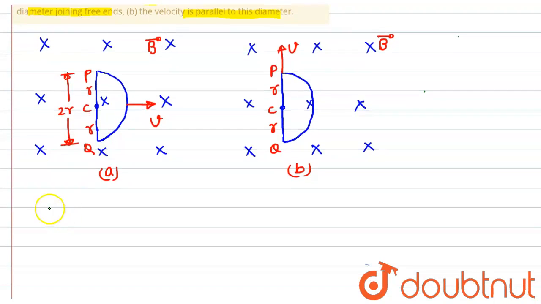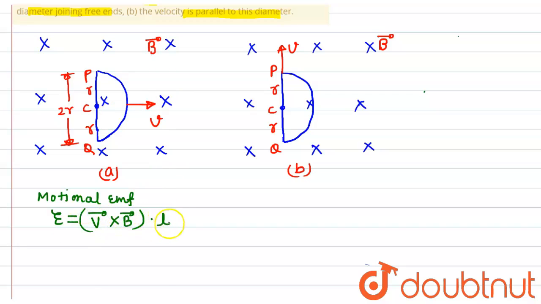We know that the motional EMF between the two ends of a wire in the magnetic field region can be given as V cross B dot L. This is basically a triple scalar product.